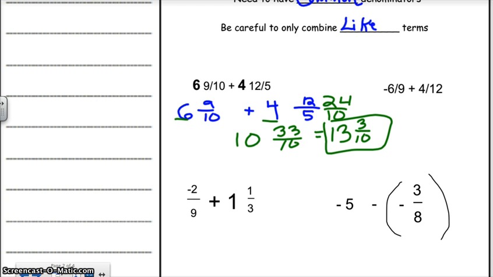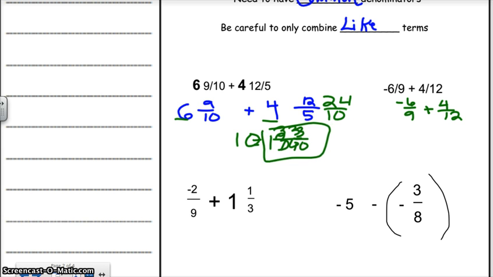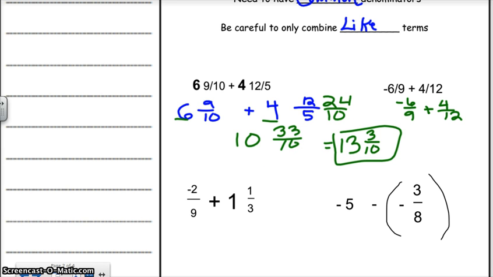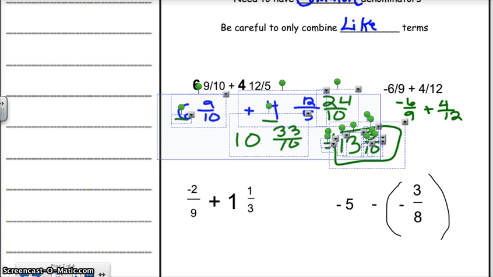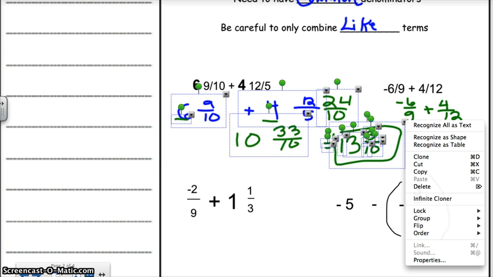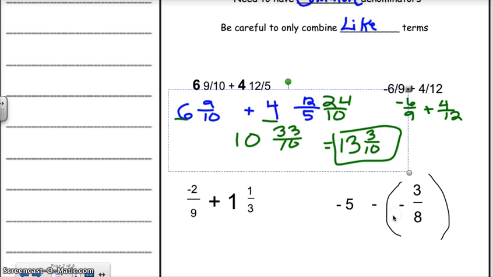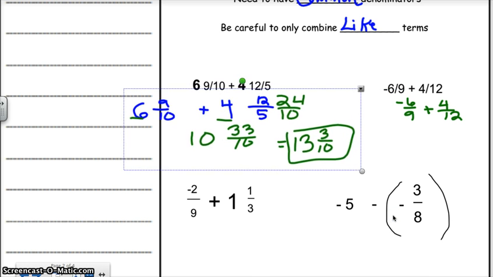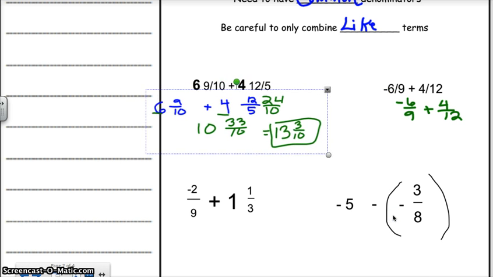Negative 6/9 plus 4/12. Again, I'm rewriting in vertical format, so it's a little bit easier for me to read. And what's the common denominator between 12 and 9? 3? 36. 3 is a factor, not a common denominator.